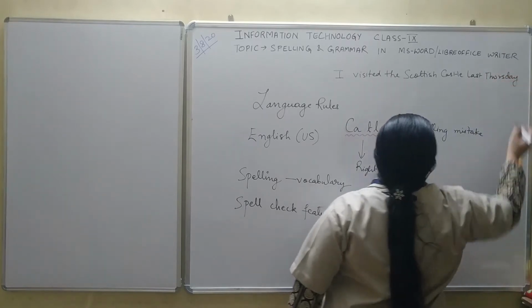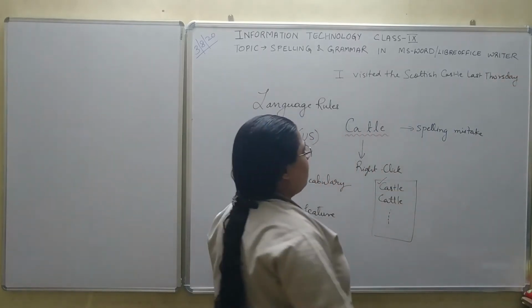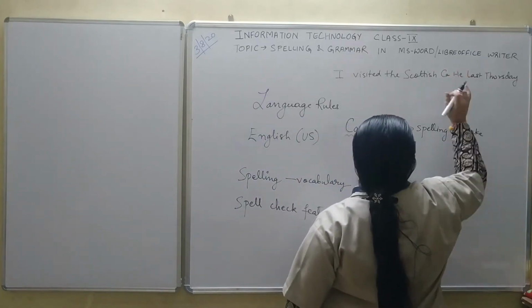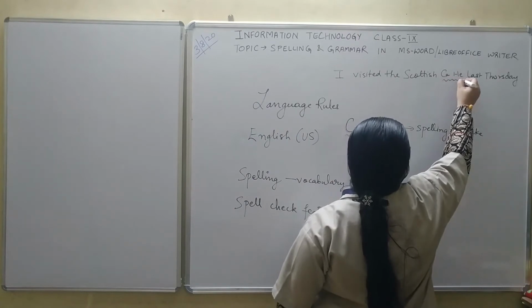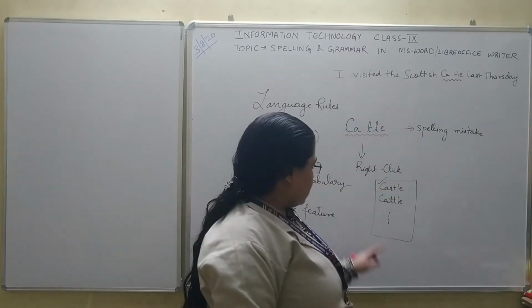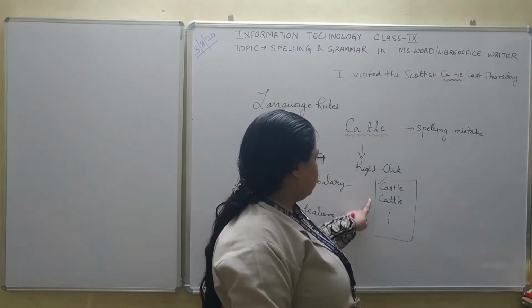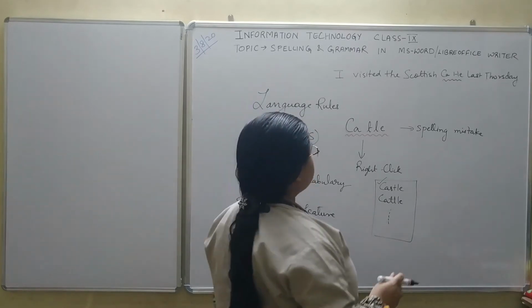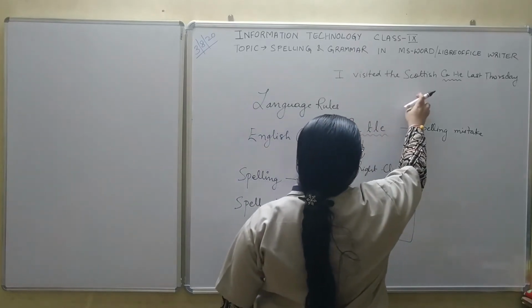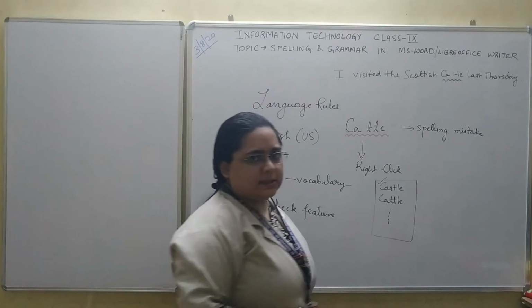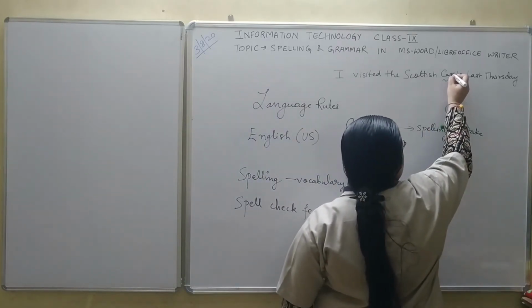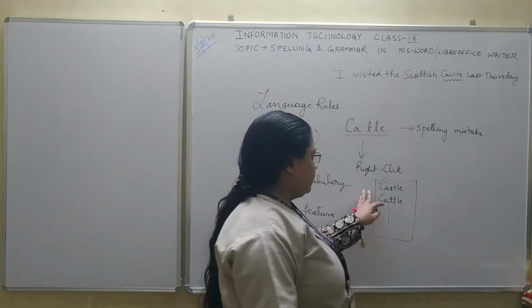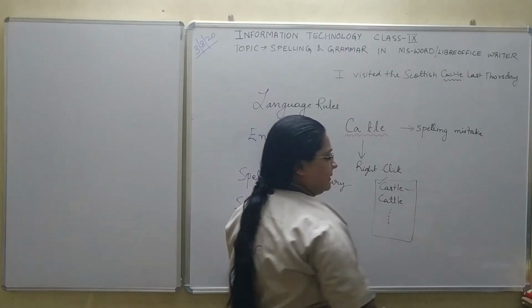Which option will you choose out of the two, castle or cattle? If I write, I visited the Scottish cattle last Thursday, that doesn't make sense. So the best word over here is the first one, castle.